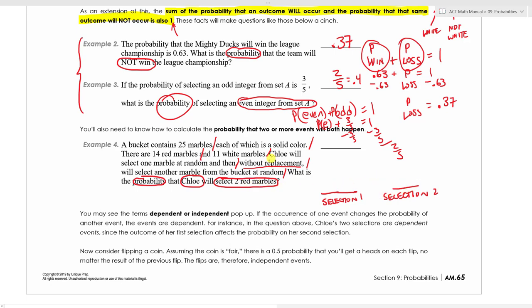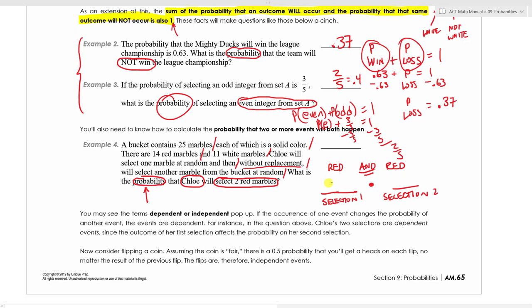And the way that we determine the probability that will happen is, so this is red, we want red and red, we multiply the probability of getting a red on the first selection by the probability of getting a red on the second selection.